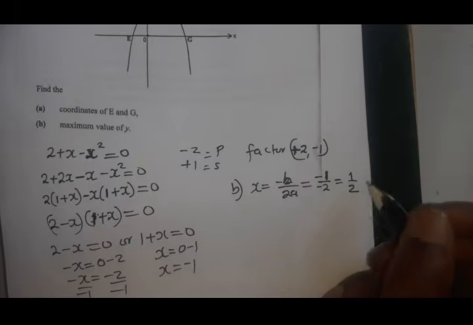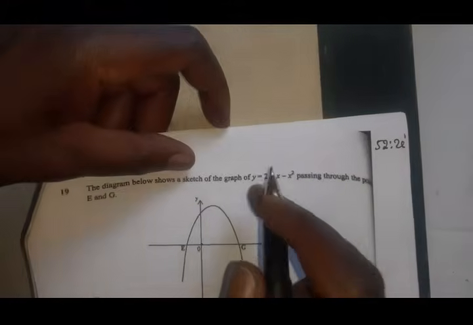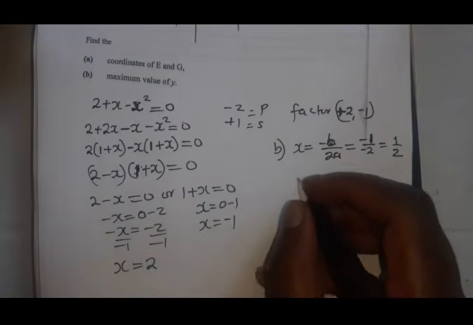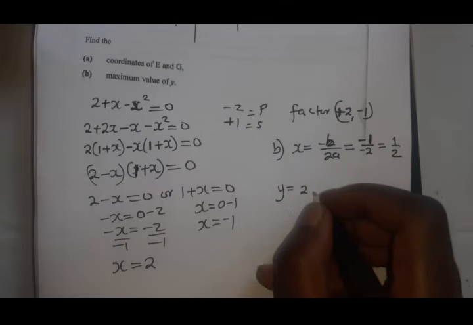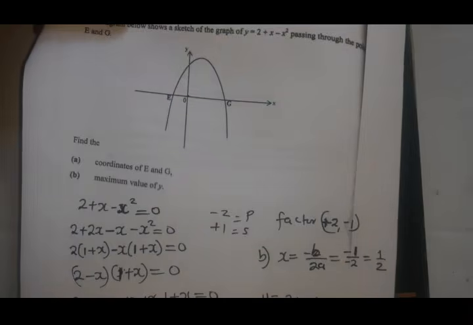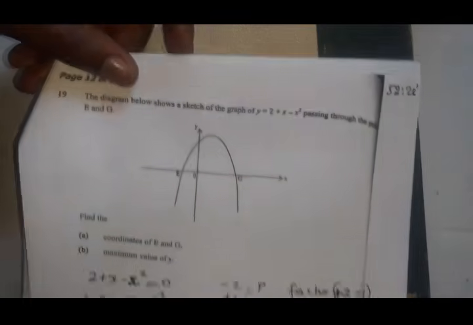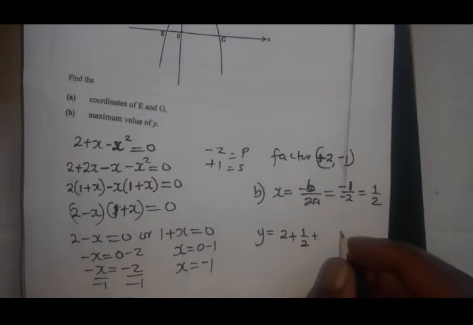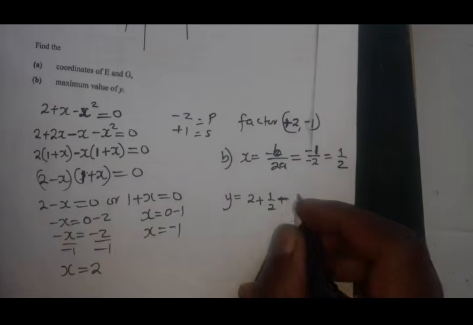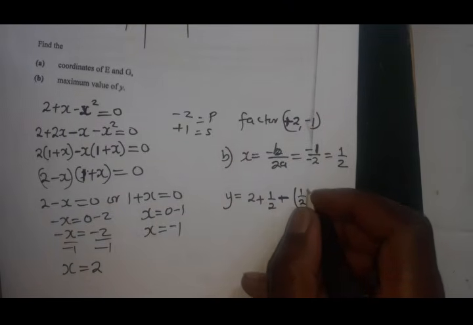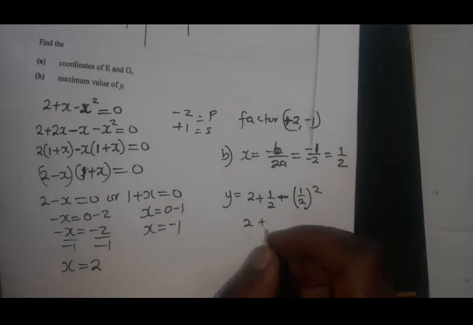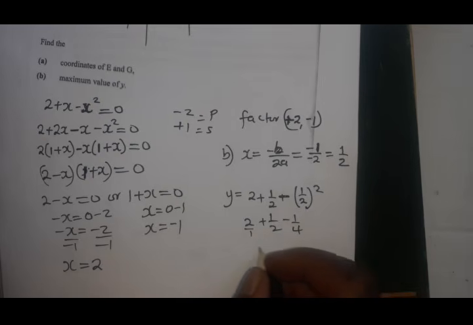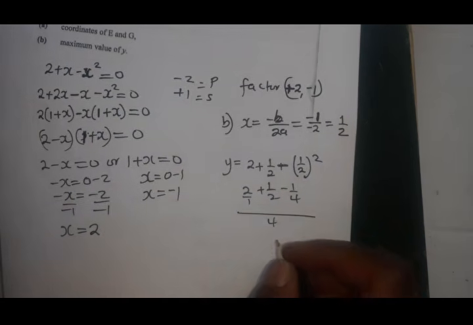Now we replace this in the original function to get the y coordinate. So y is equal to 2 plus x, so we put 1 over 2, plus, here we have a minus 1 over 2 squared. So we have 2 plus 1 over 2 minus 1 over 4. Then we find what is common.